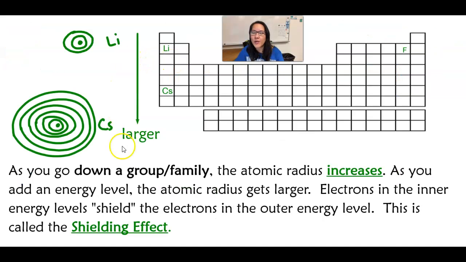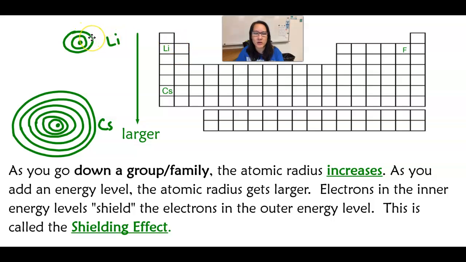As we go down the group, it's a little more obvious why the trend is that the radius increases or gets larger, because as we go down the group, we add an energy level for each row. The atomic radius gets larger. Electrons in the inner energy levels shield the electrons in the outer energy level, and this is called the shielding effect. So here's lithium, which is on row 2, which is going to have 2 energy levels.